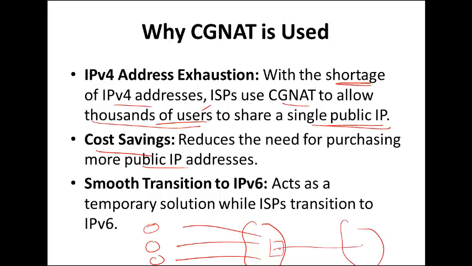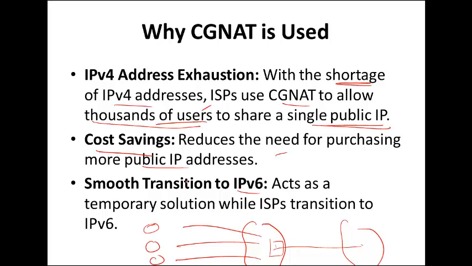Third, now many companies are migrating to IPv6. So we can use CG NAT as a temporary solution till you complete the transition to IPv6. Slowly people are migrating, but meanwhile I need to manage.